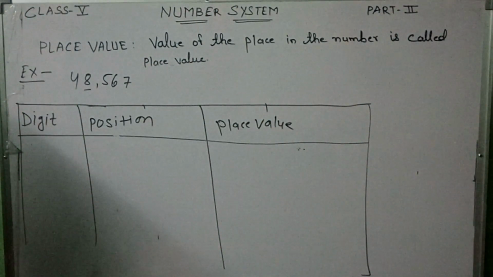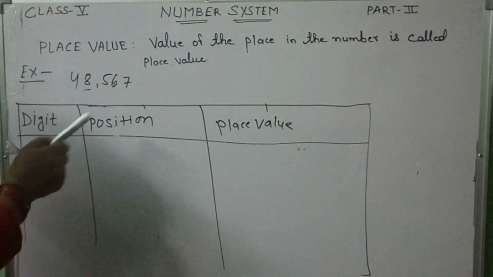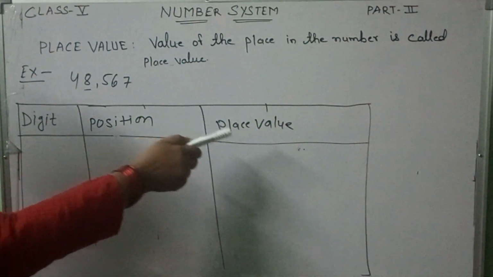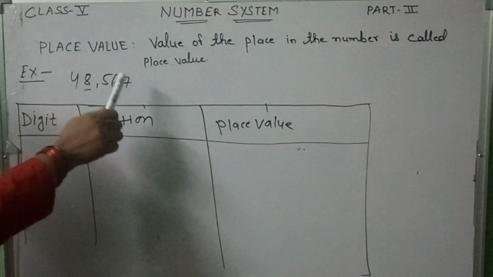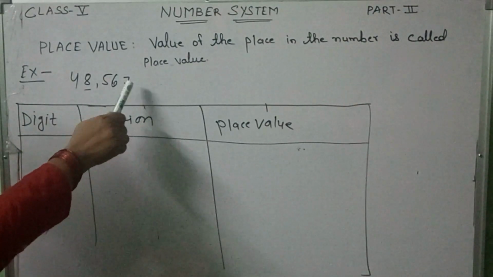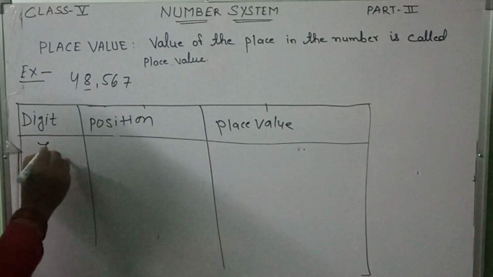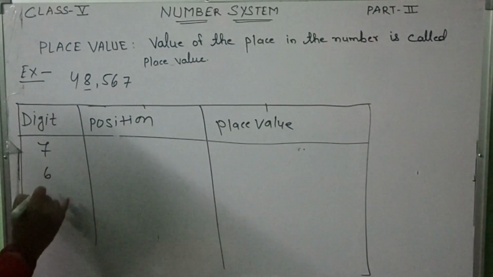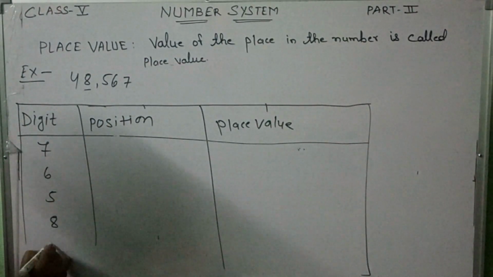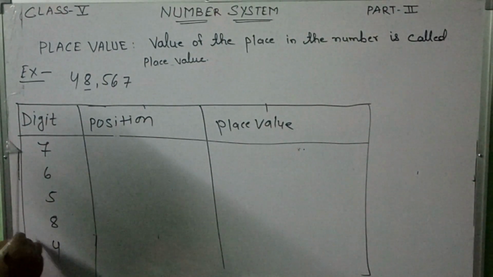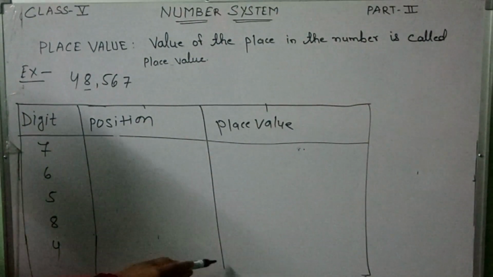I told you to start from the right side of the given number. So the digits are 7, then 6, then 5, then 8, then 4.